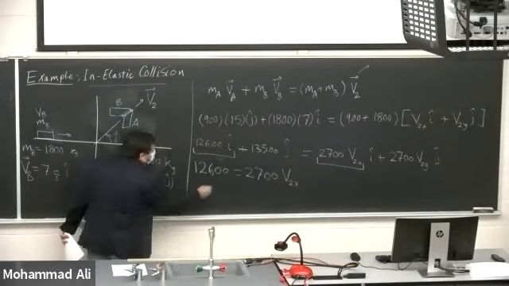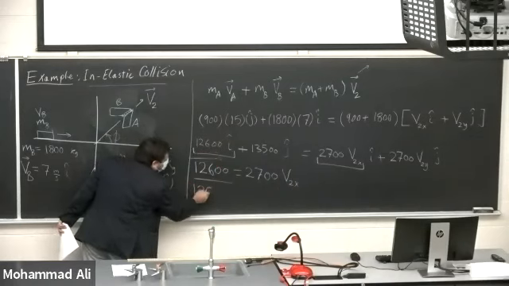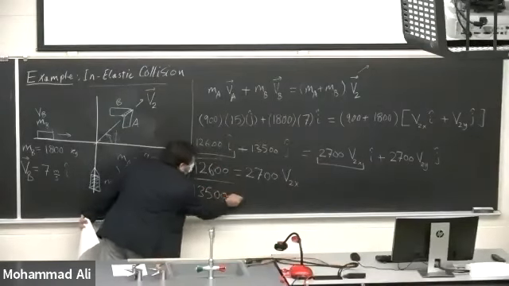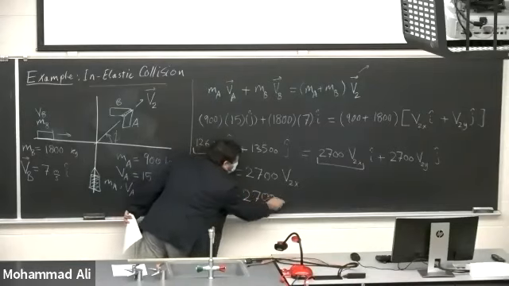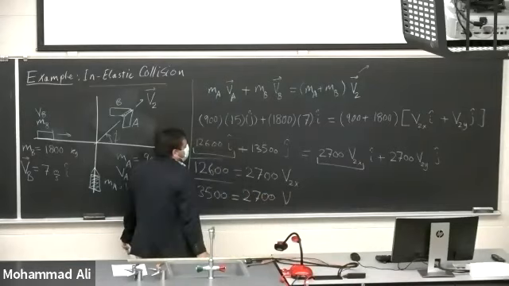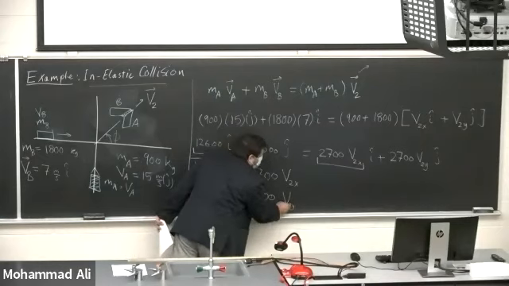Also, for the second component, we have 13,500 should be equal to 2,700 V2 in the y direction.